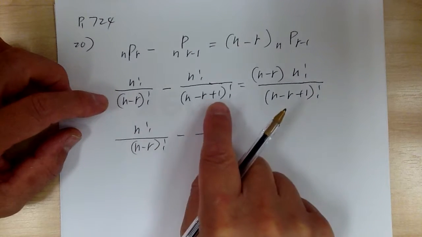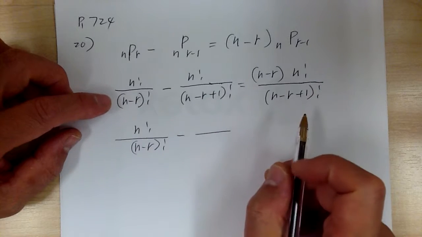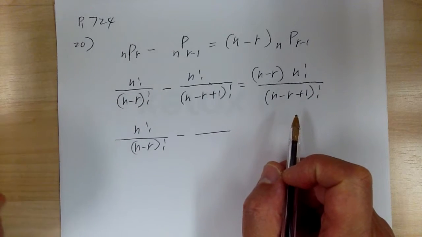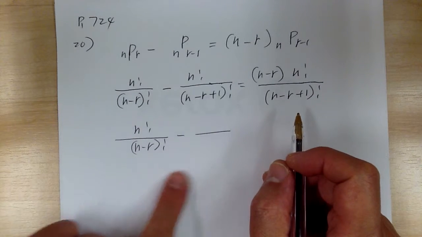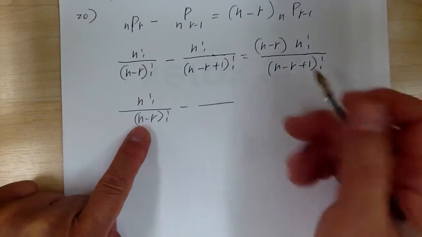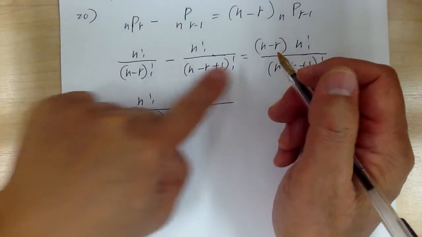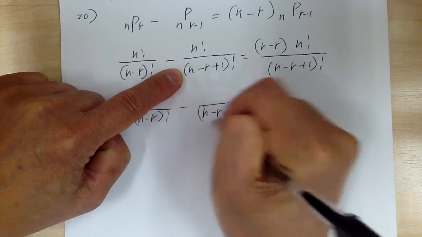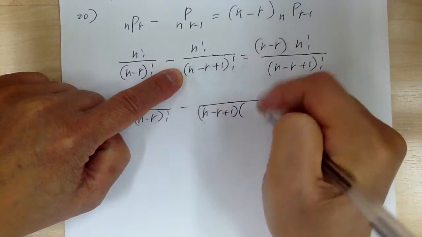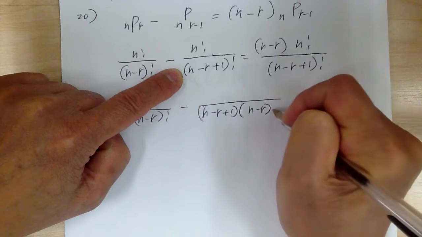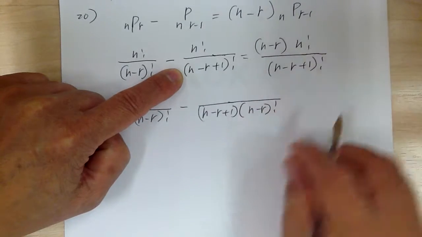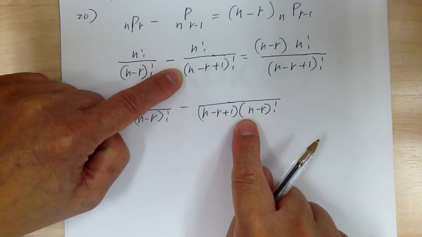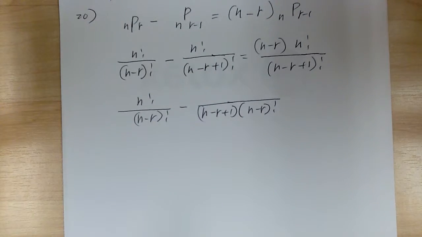Notice that this is one more than that. If you write out the factorial, (N minus R plus 1) factorial is equal to (N minus R plus 1) times (N minus R) and keep going, so it will be factorial. Remember, factorial keeps going down.